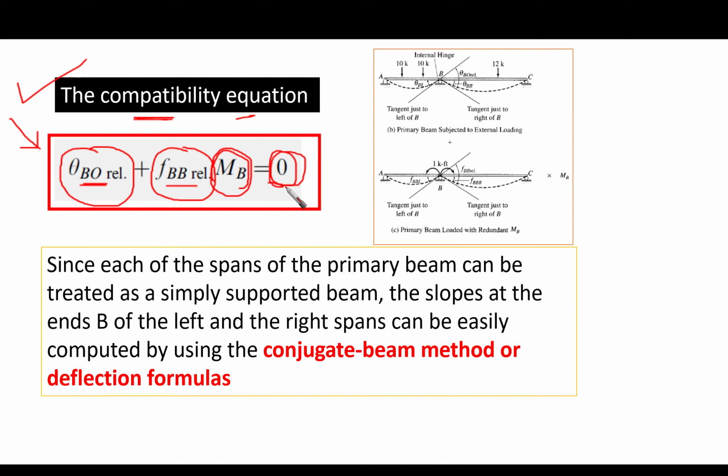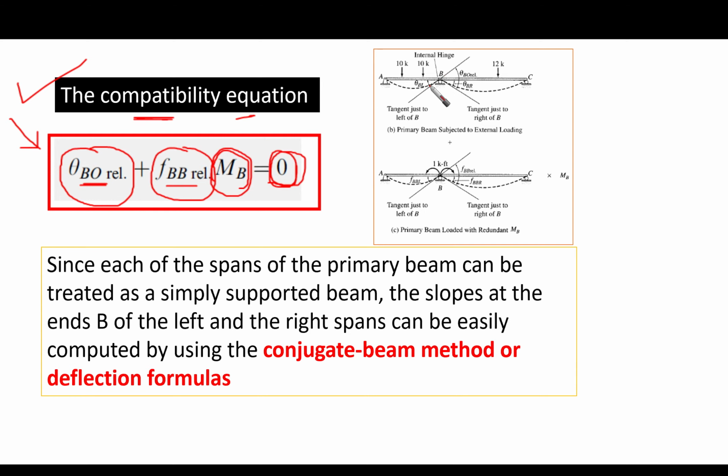Why is it equal to 0? Because we said before that our system in the indeterminate case was elastic. The curve was elastic, meaning the slope is smooth; the slope before and after is the same.